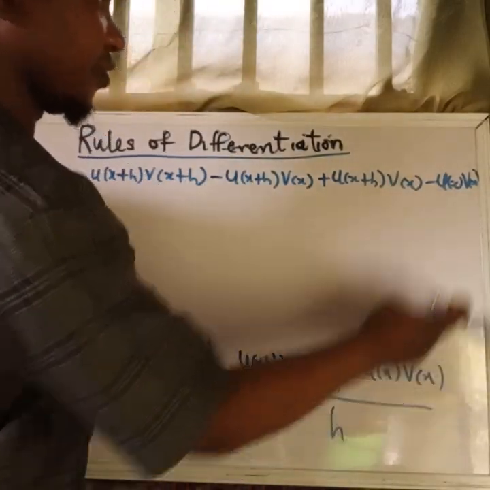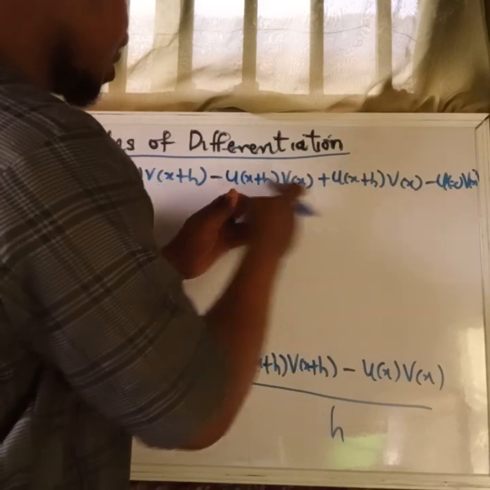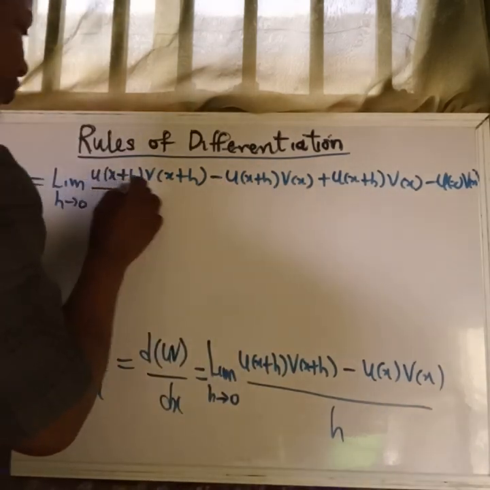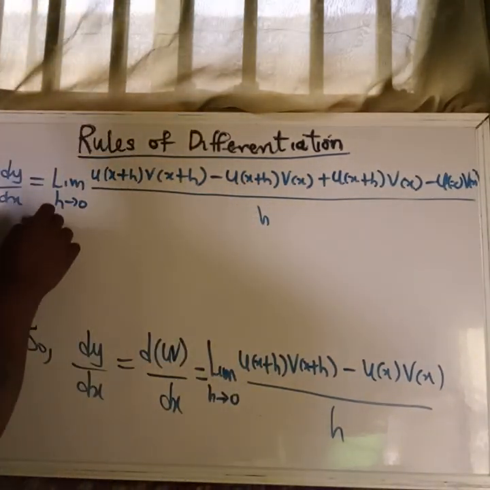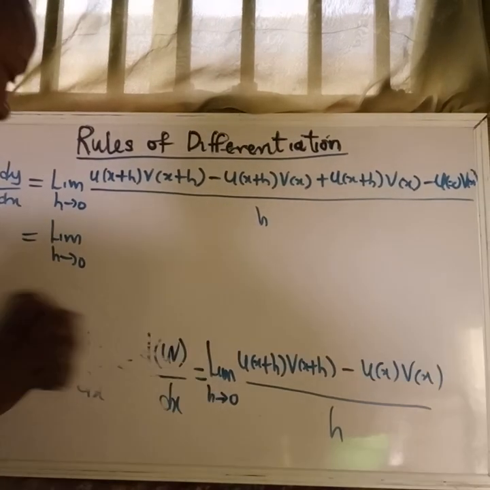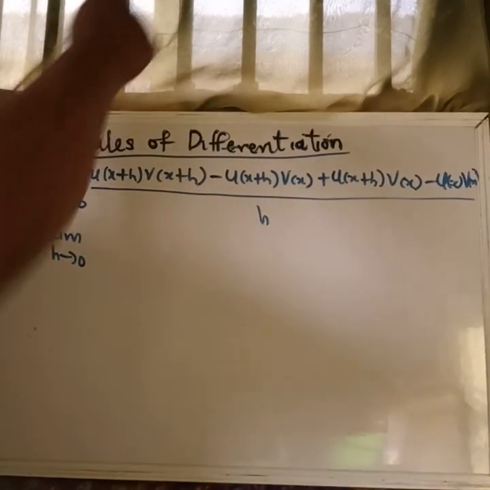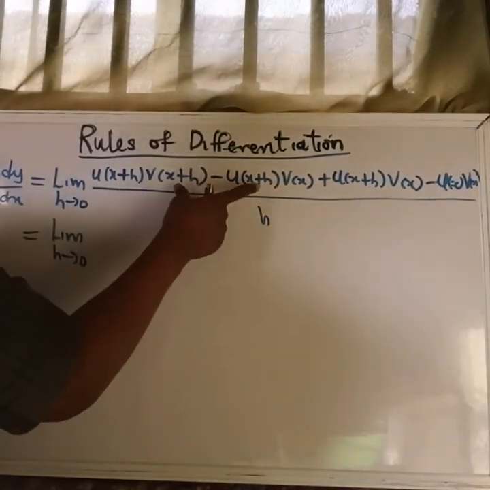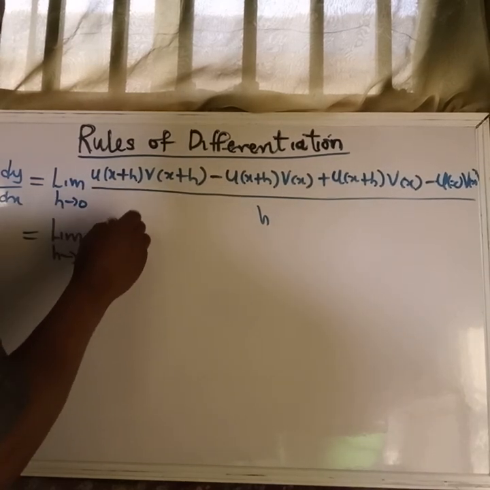Just like we have it here, this u of x v of x is this. This term here is a trivial term. We are introducing this, and as you can see, this can cancel out. Everything here is over h. The next thing is to group what you have here into two. If you look at these two terms, u of x plus h is common, so factor that out.